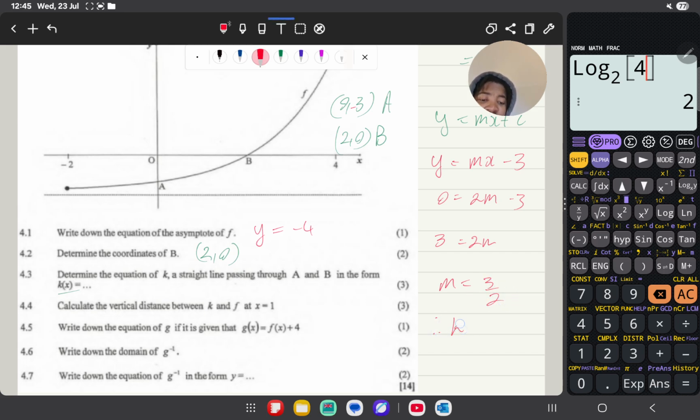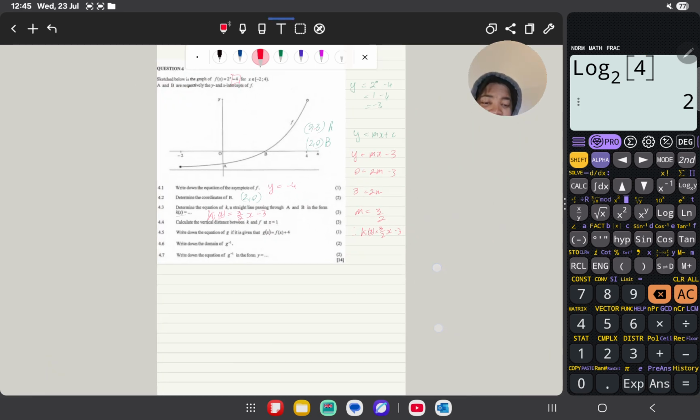So that means k of x is going to be 3 over 2 x minus 3, just like that, you see. Beautiful, beautiful.